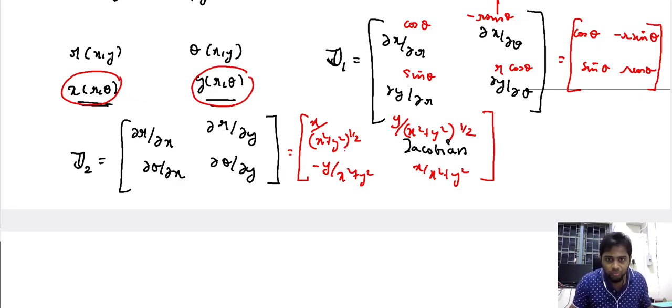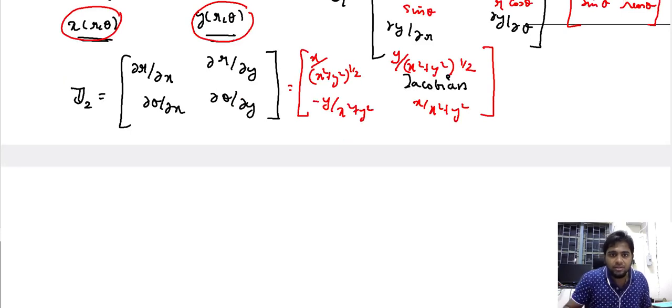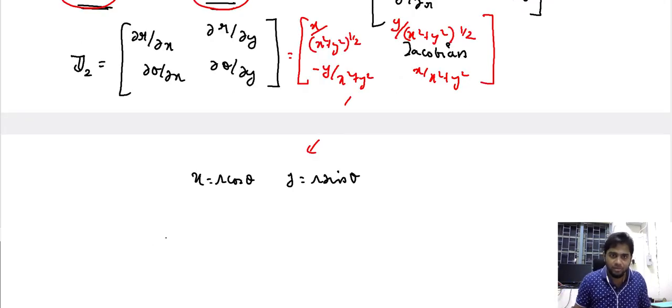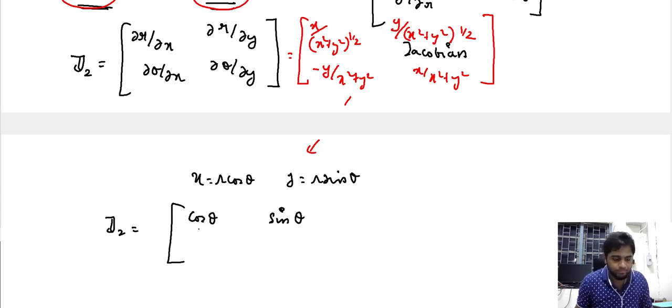So when we substitute for x and y in this expression, the one in red, with r cos theta and r sin theta, the J2 matrix would be of this form: cos theta, sin theta, minus sin theta by r, and cos theta by r.